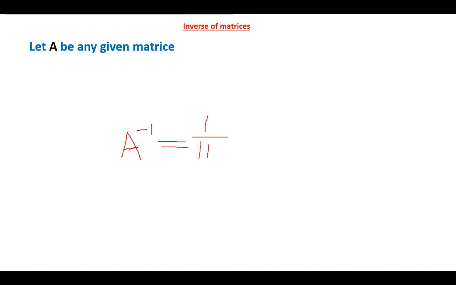So you have the determinant of A, and then you say 1 divided by the determinant of A, and you multiply it with its adjoint. So you multiply the adjoint of A with this, and then you find your solution for the inverse of that matrix.